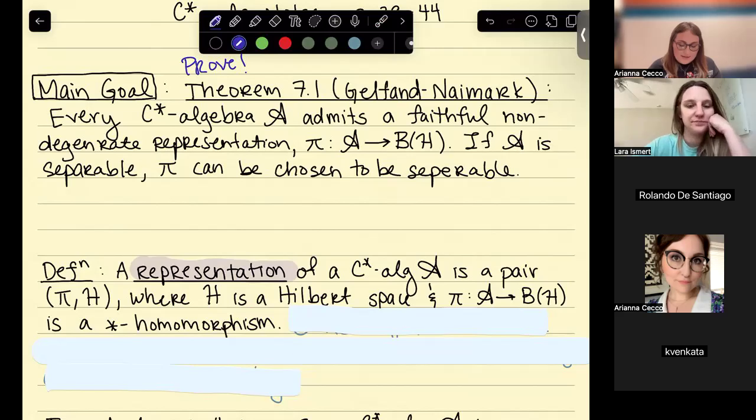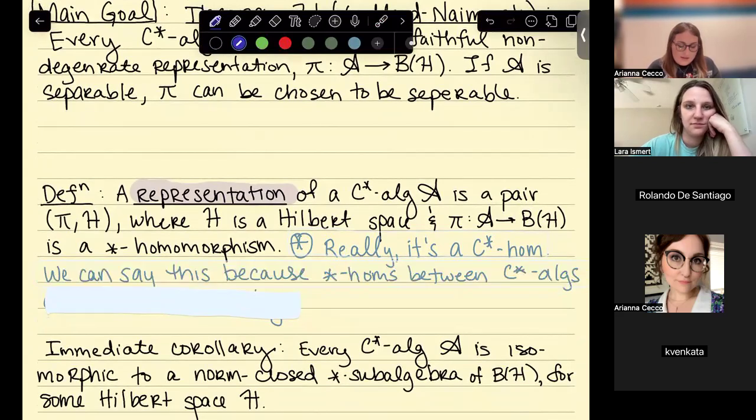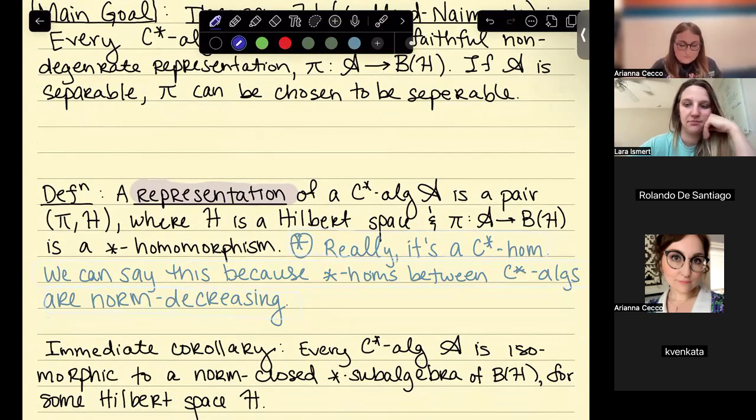So, I say a star homomorphism. Technically, really, it's a C-star homomorphism. But we can say just star homomorphism because star homomorphisms between C-star algebras are norm decreasing, therefore continuous. So every star homomorphism is going to be a C-star homomorphism.